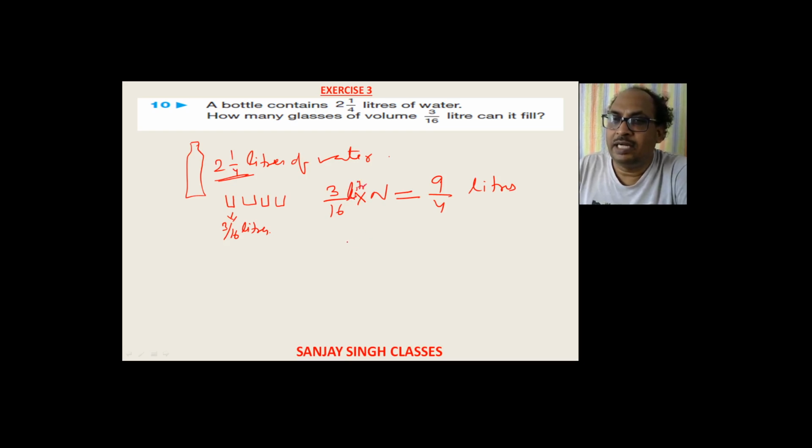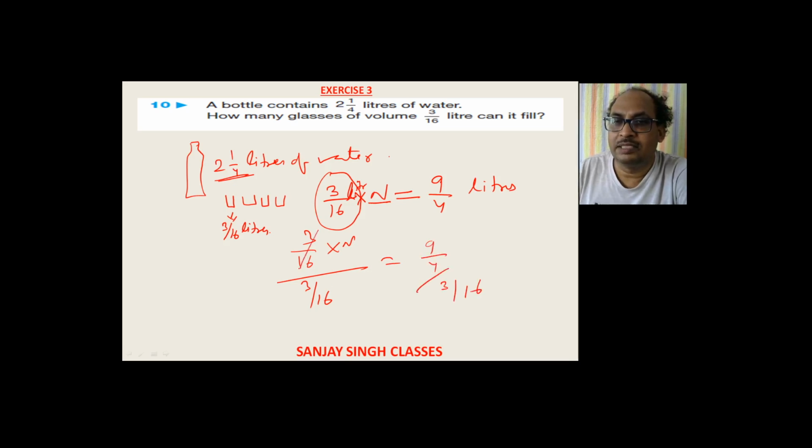Again, similar to that, we need to remove this 3 by 16 liter from the left hand side so that we get n. It means we have to divide this 9 by 4 also by 3 by 16, and the left hand side also we need to divide by 3 by 16, so 3 by 16 into n divided by 3 by 16 is equal to 9 by 4 divided by 3 by 16. So this 3 by 16 completely will get cancelled.